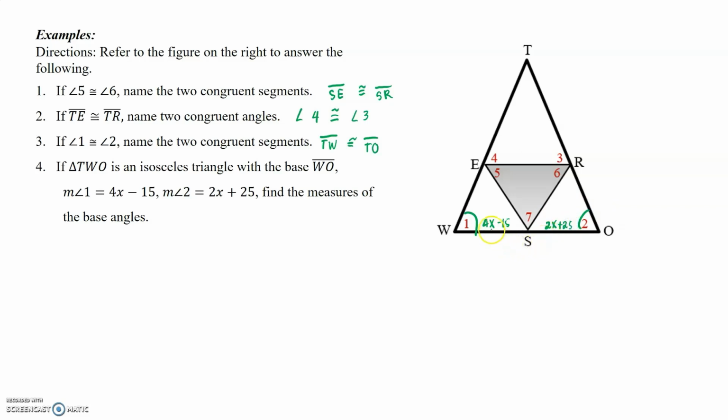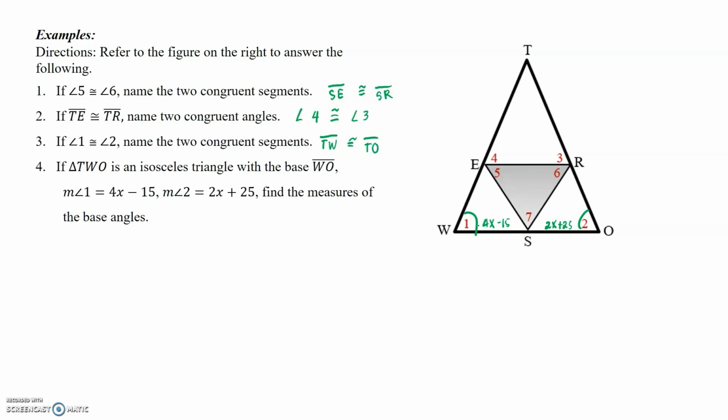Then let's find the measure of the base angles. Now, what are the base angles of an isosceles triangle? The base angles of the isosceles triangle are angle 1 and angle 2. So what we are looking for here is the exact measure of angle 1 and angle 2.